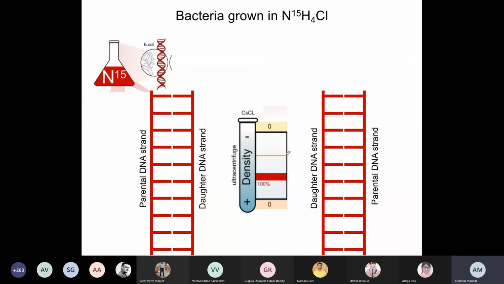Now, in order to prove which mode of DNA replication is followed in the bacteria, first of all, Meselson and Stahl grew these bacteria in N15 containing media. They generated bacteria where all the DNAs are N15 labeled.